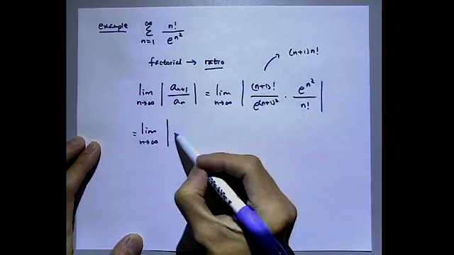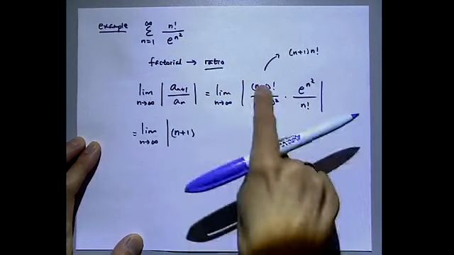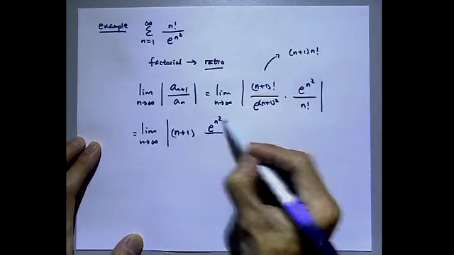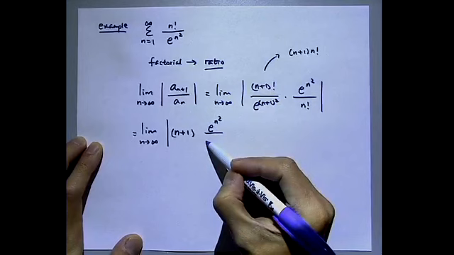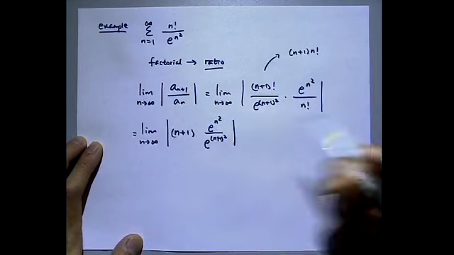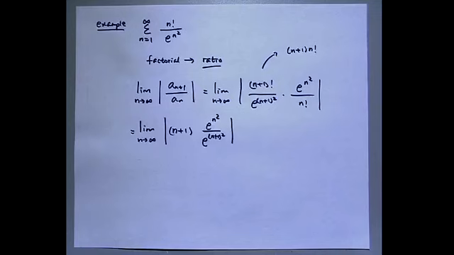So we end up getting n plus 1 from the cancellation of these two, times e to the n squared over e to the n plus 1 squared. Okay? And now what do we do with this?